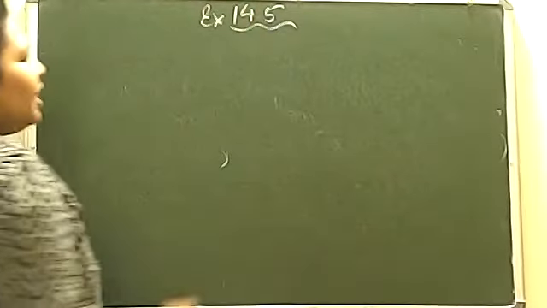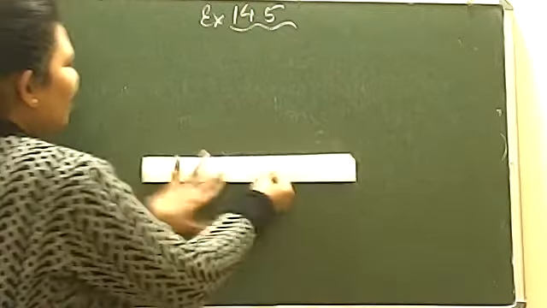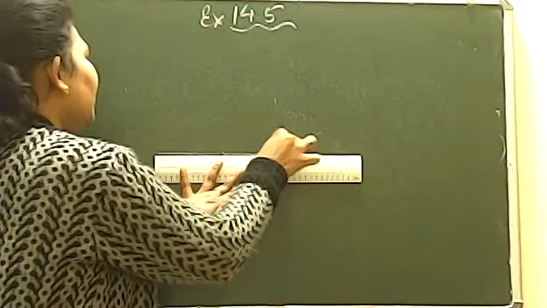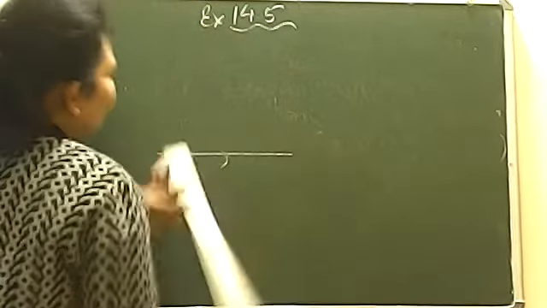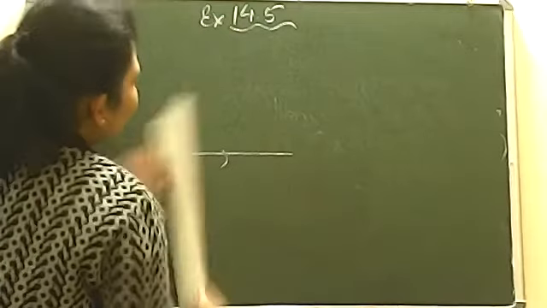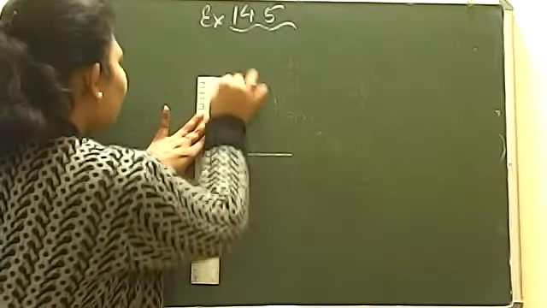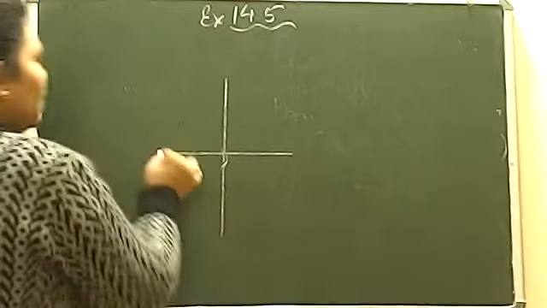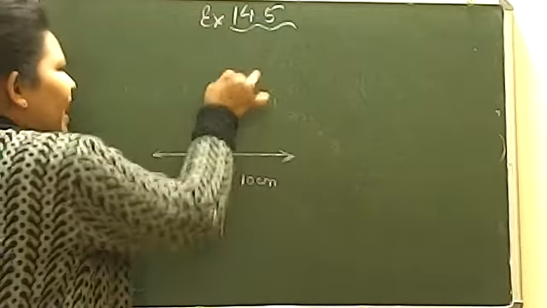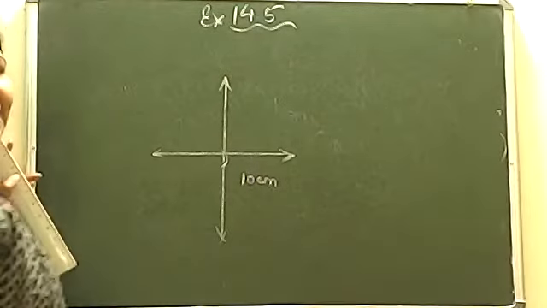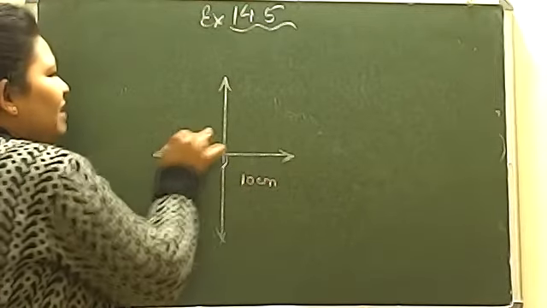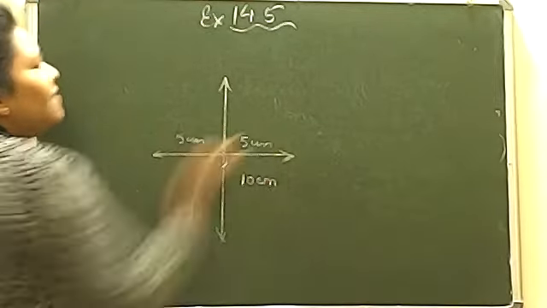Always remember, beta, whenever we divide a line into two equal parts, for example suppose I am taking a line of 10 centimeter, and if you divide 10 by 5, like by using the line bisector. Now let me tell you, the earlier line segment was of 10 centimeter. Now this line which I have just drawn is dividing the previous line into two equal parts, means 5 centimeter, 5 centimeter.